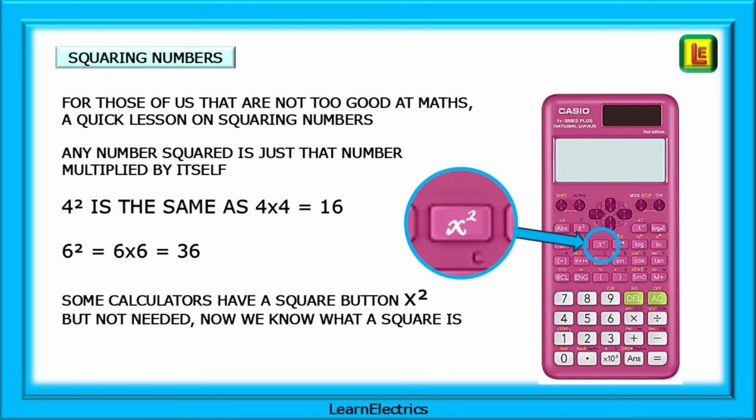So 4 squared is the same as 4 multiplied by 4, which is 16. And 6 squared is the same as 6 multiplied by 6, an answer of 36. Some calculators have a square button, x squared. Some don't. But it's not needed now, as we now know what a square is.